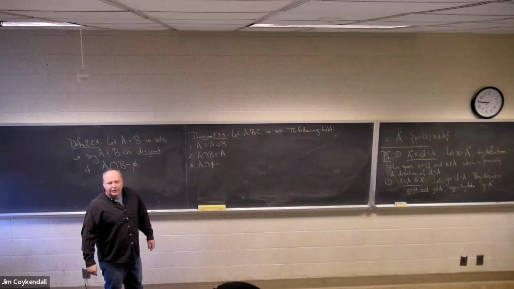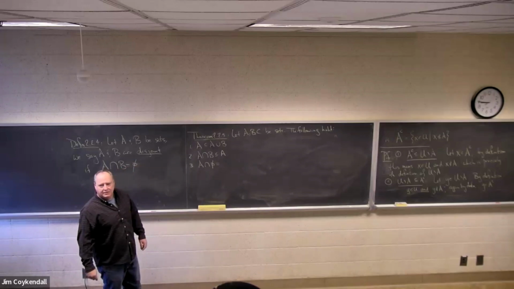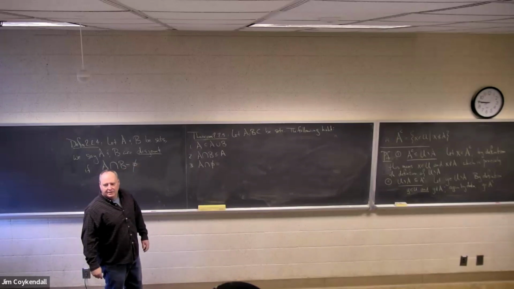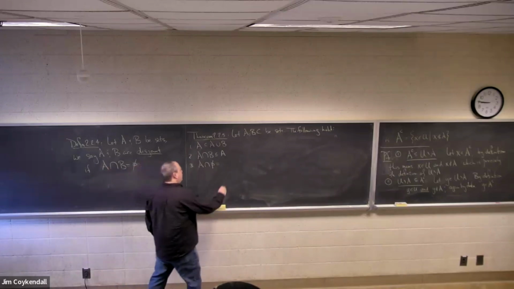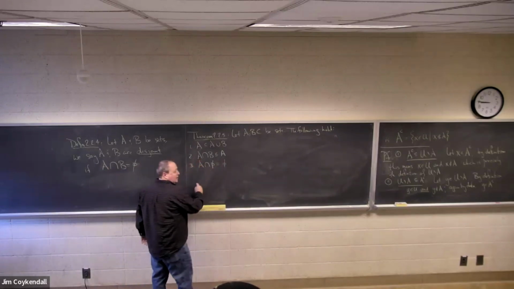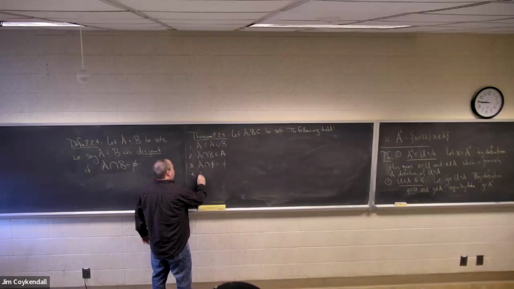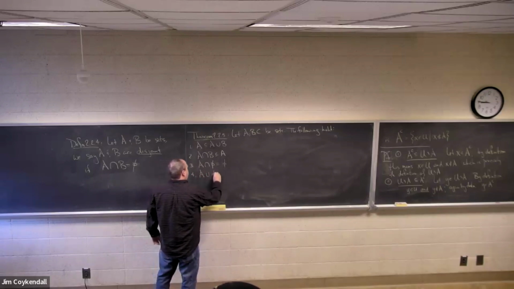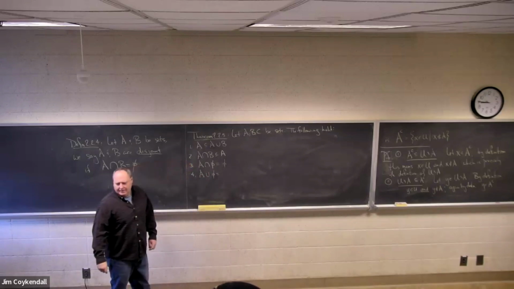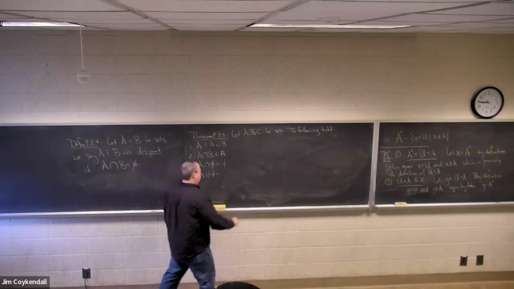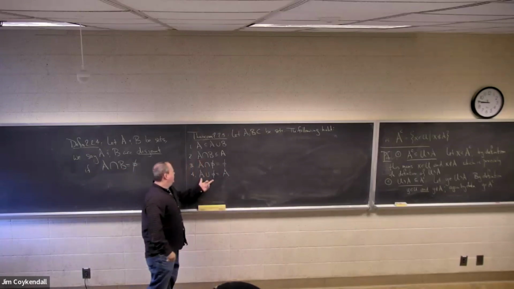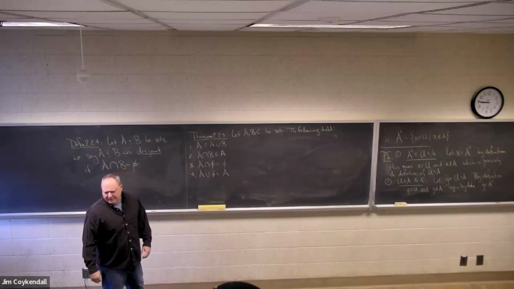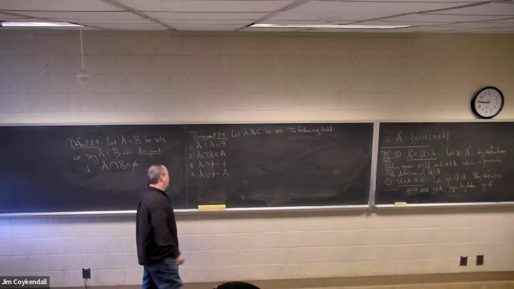What happens when you intersect a set with the empty set? You should get the empty set, because there are no elements. What happens if you union? You get the set itself, right? When you union the set with the empty set, you get the set A.